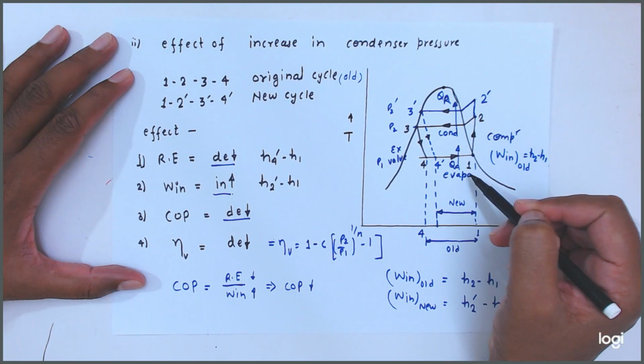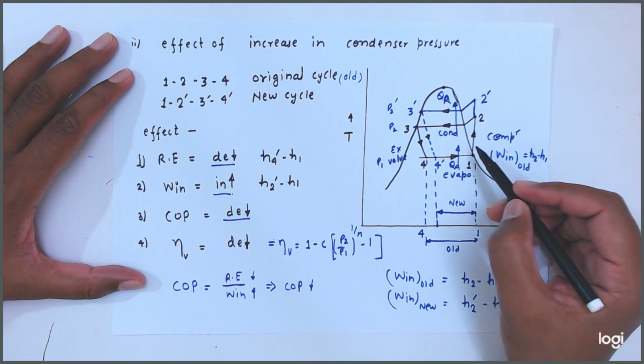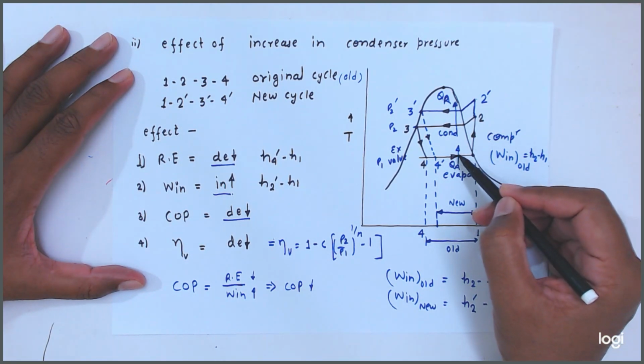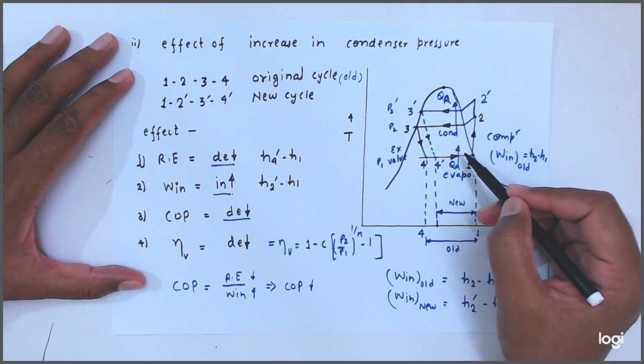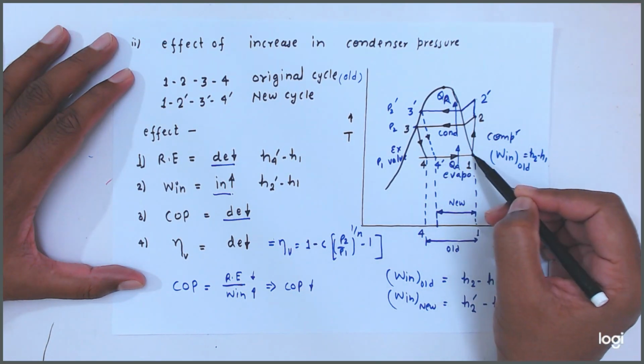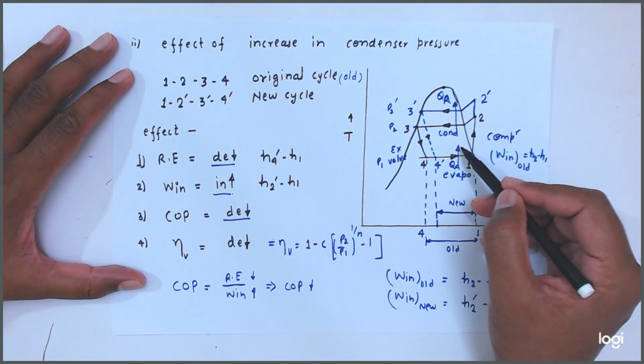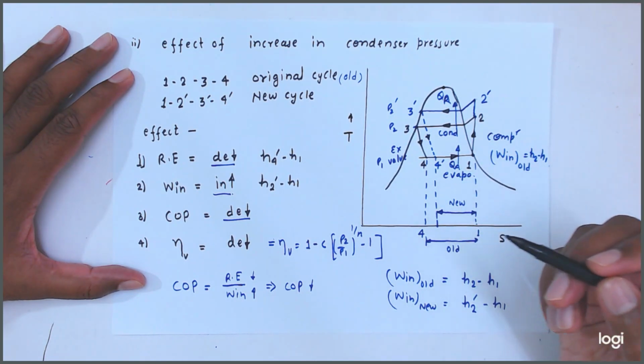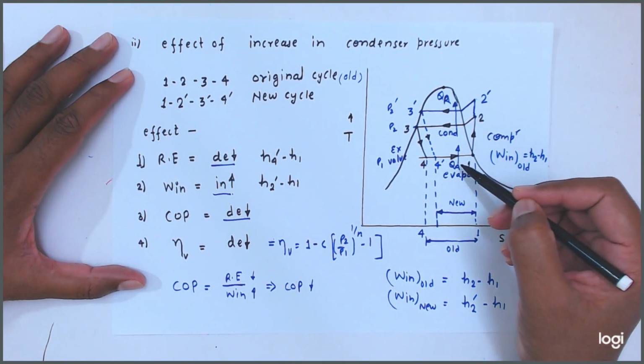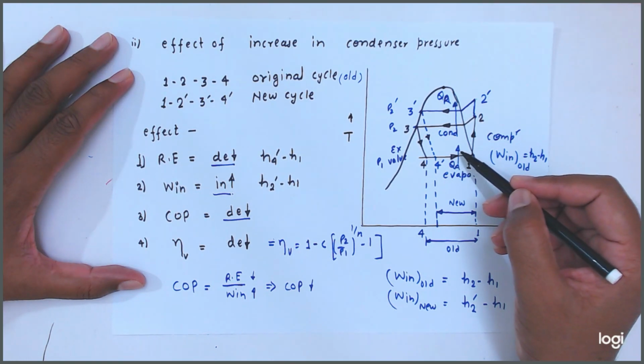Okay, we know that friends, in evaporator heat addition is there. Because of this we are getting refrigeration effect in this process. 4 to 1 we are getting refrigeration effect because of this heat addition in evaporator.